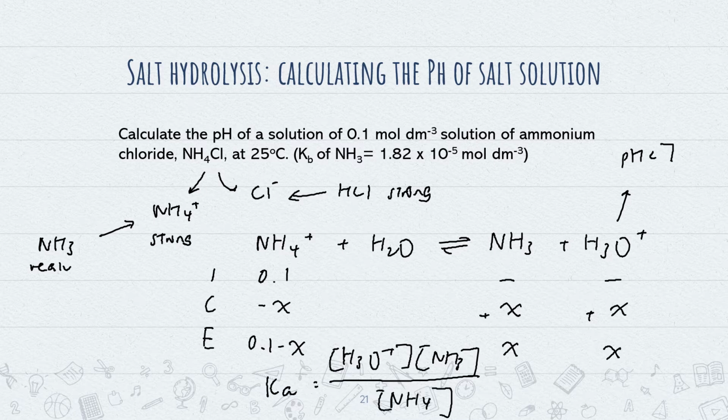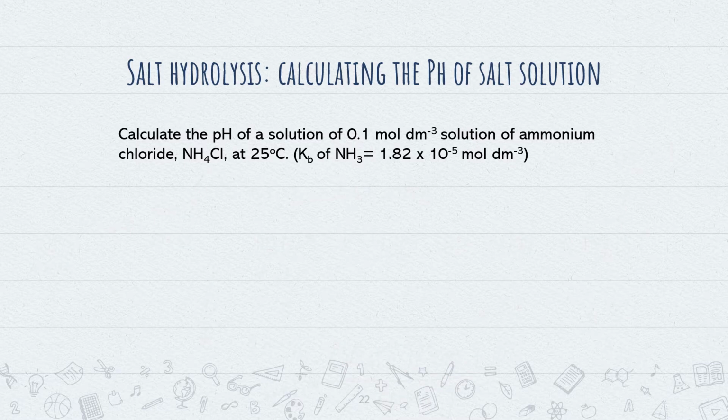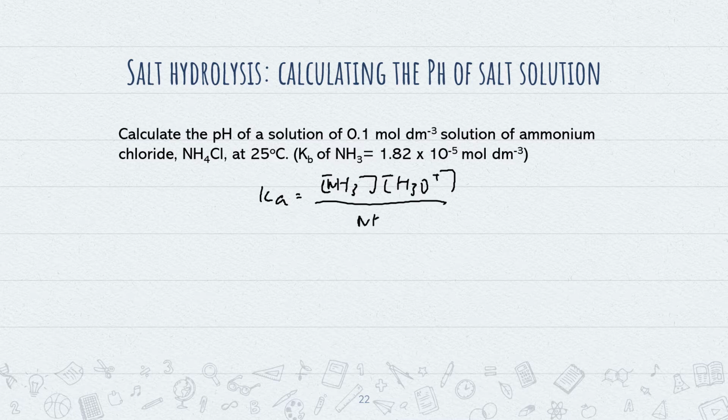Okay, that's my last space, we use the next slide. So just to recap, our Ka expression would be [H3O+][NH3] over [NH4+].